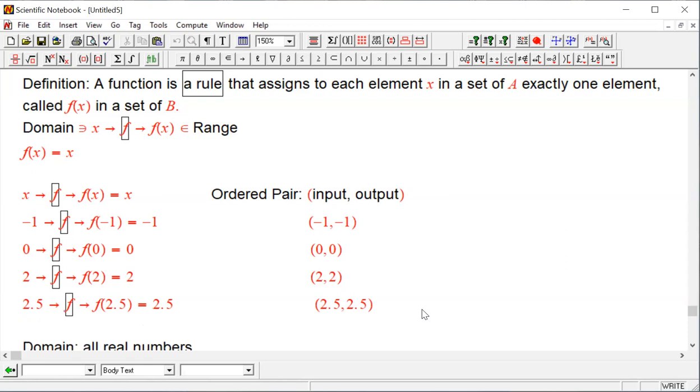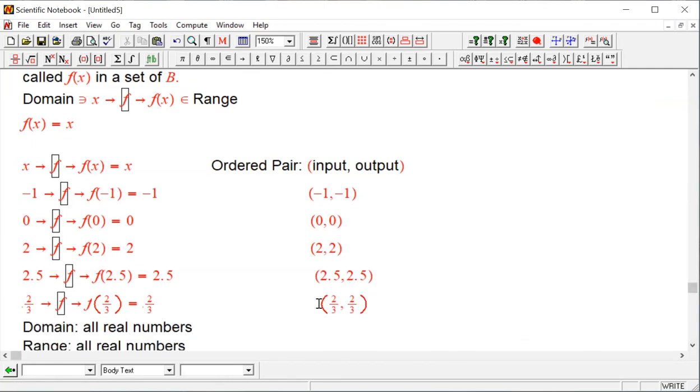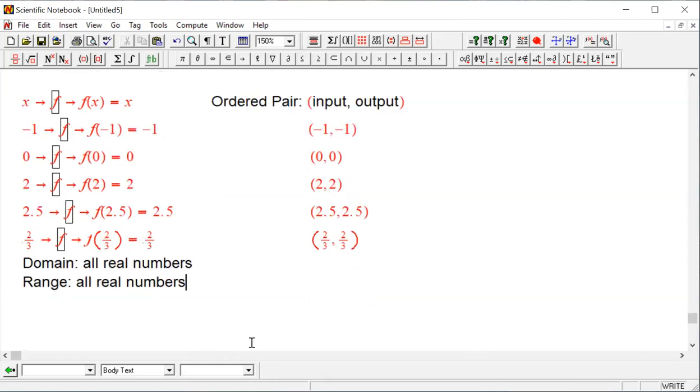Can the input be fractions? Of course. We can have 2/3. The input is 2/3, and the output is exactly the same as the input. So we get another point there.